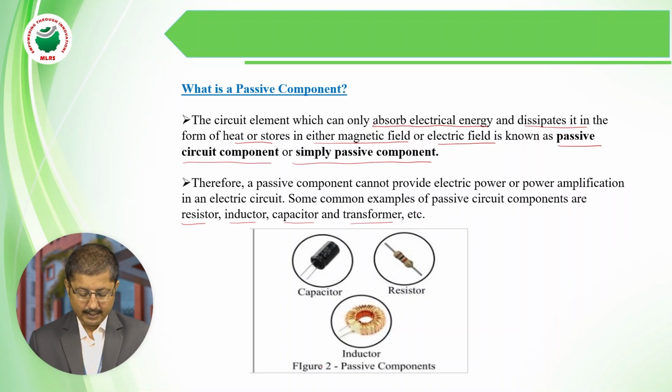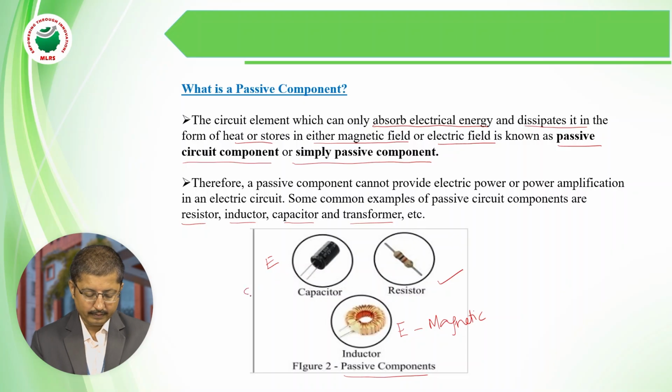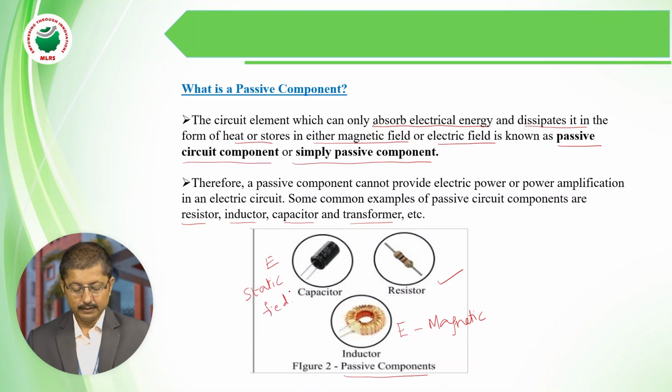You can see here the figure shows the passive components. The resistor will consume the energy, absorb it and dissipate it in the form of heat. The capacitor stores the energy in the form of an electric field, and the inductor stores the energy in the form of a magnetic field.